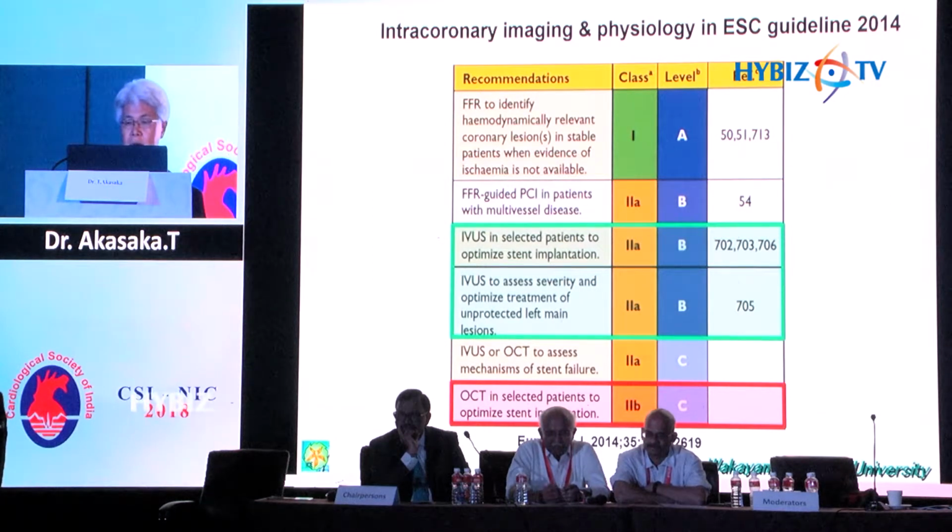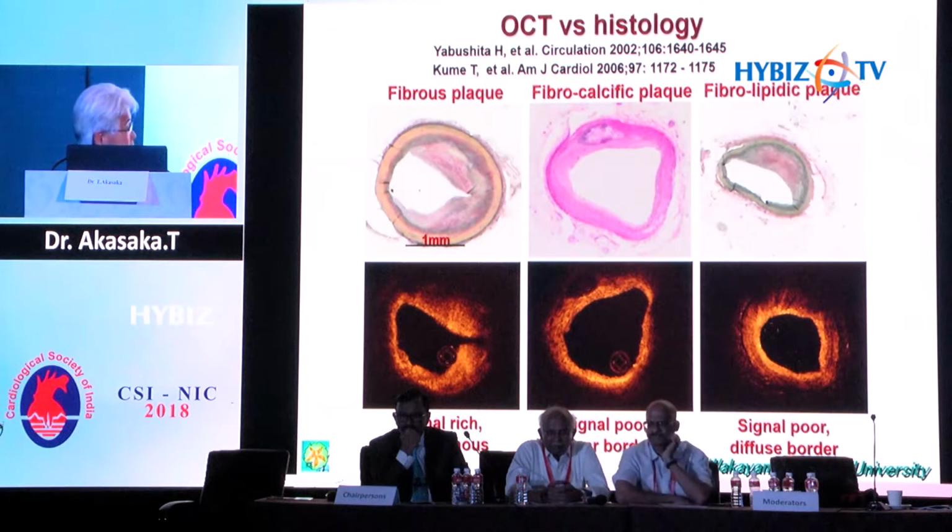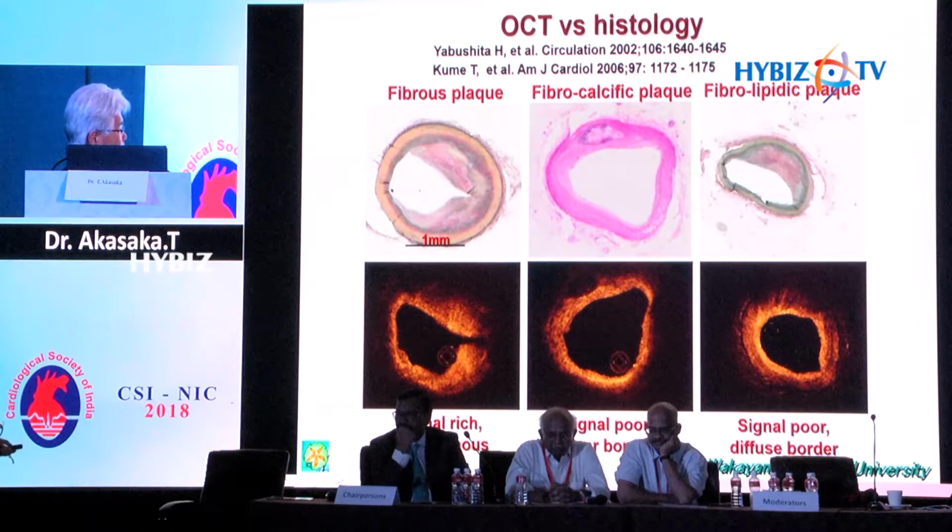But as you may know, I already explained, the OCT has a much higher resolution and it is easy to demonstrate the tissue characterization. In the case of a fibrous plaque, OCT demonstrates signal-rich homogeneous tissue, and calcium you can identify as signal-poor with a clear border. It's quite easy to delineate.